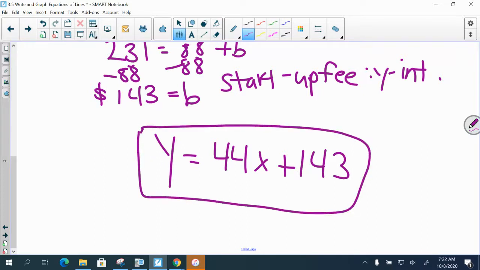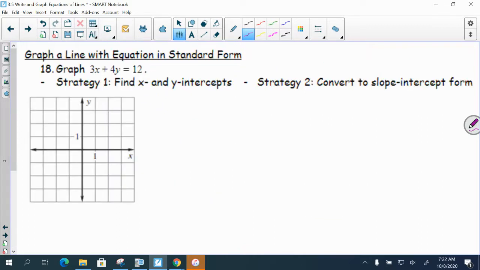All right. Now we're going to review how to graph equations in standard form. The first strategy you can do, and remember standard form is ax plus by equals c, where both variables are on the same side of the equation, is find the x and y-intercepts.